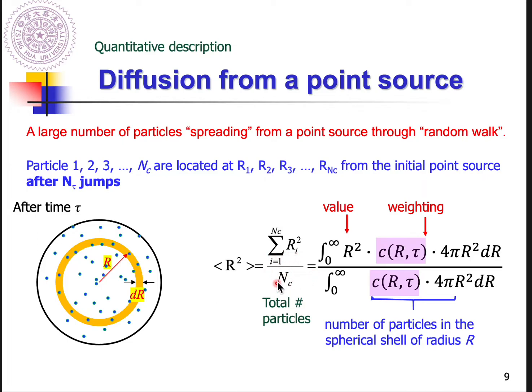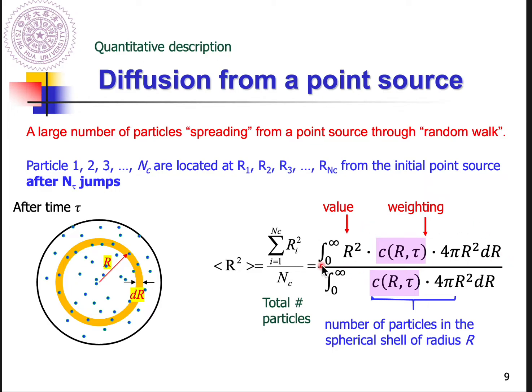Then you divide by the total number of particles NC, and you get the mean square displacement. So it's easy to get that, right? The total number of particles can be expressed as the concentration profile times the shell, 4 pi r squared dr, and you integrate from 0 to infinity, then you get the total number of particles.